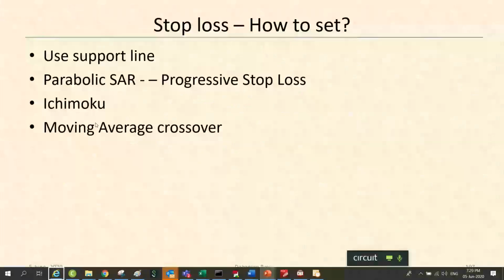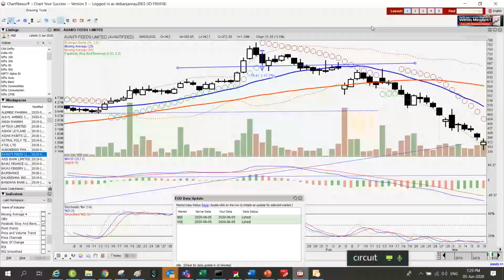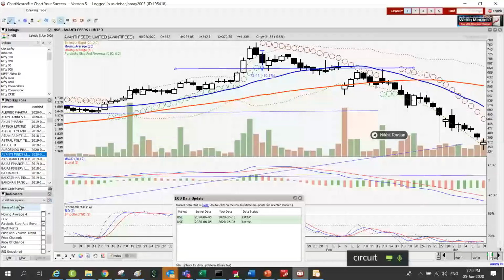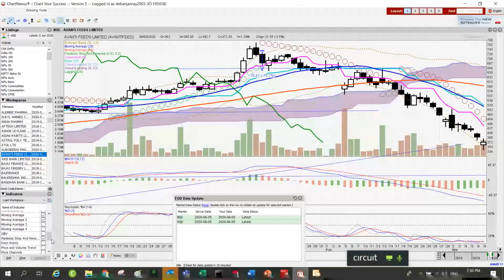Ichimoku, as you know, is a very good indicator, and the Ichimoku can be used to set the stop loss. For example, if I take this particular example and put the Ichimoku on, let me turn off the other thing.